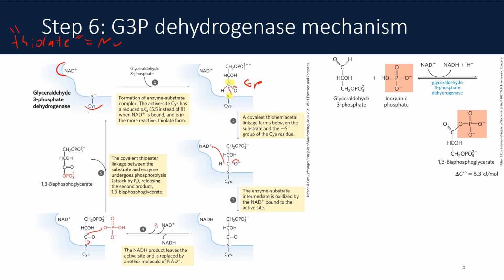The product of this reaction is a functional group called a thiohemiacetal. This is a very reactive group. It is another form of tetrahedral intermediate.